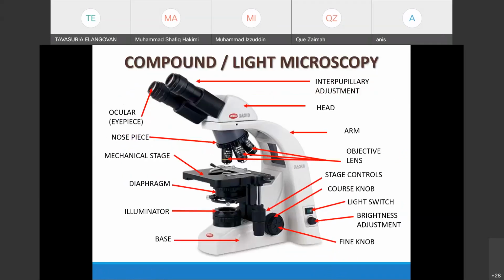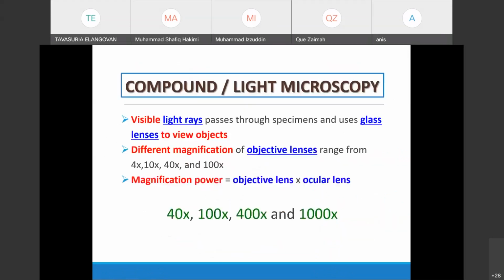So remember the parts of the light microscope together with their functions. Very important. So generally, the light microscope uses light rays to pass through the specimen. However, the electron microscope uses a beam of electrons. So this is the basic difference between the light microscope and the electron microscope.